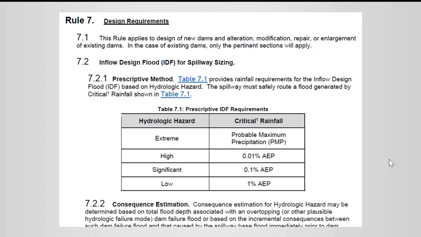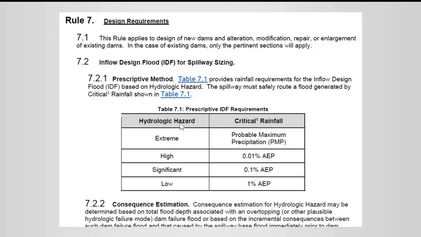So let's look at Rule 7 in our 2020 dam safety rules. Rule 7.2 gives the criteria for inflow design floods. We have this hydrologic hazard category. We determine that by hydrologic hazard analysis, and then we group the consequences into one of 4 categories: extreme, high, significant, low, and assign a corresponding critical rainfall for the inflow design flood criteria.